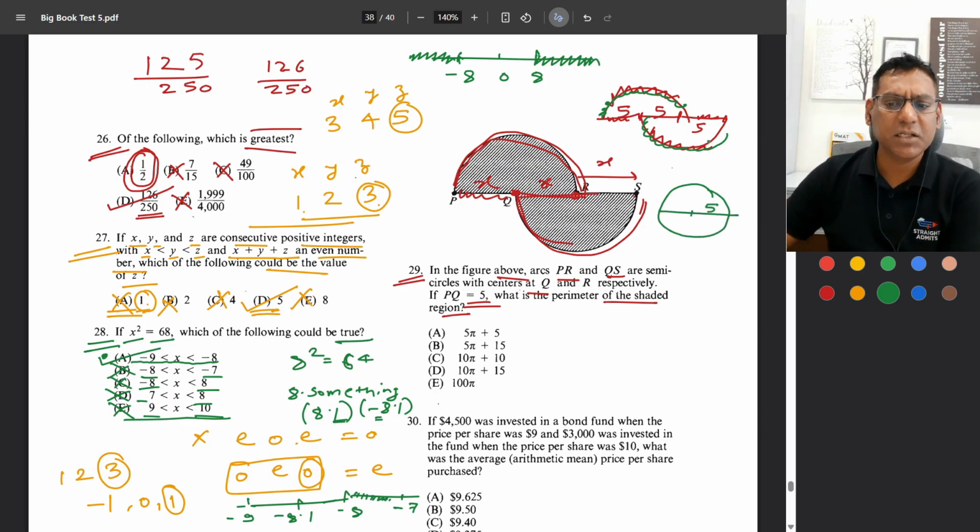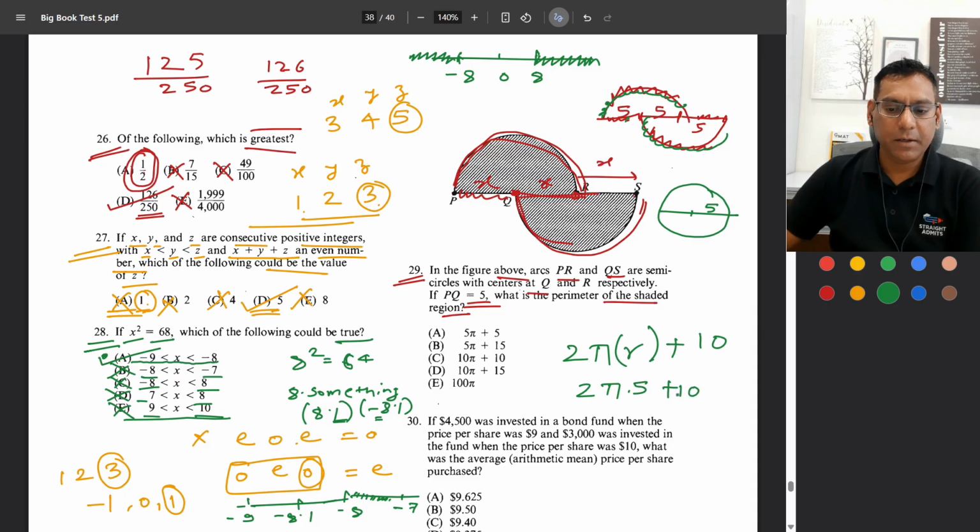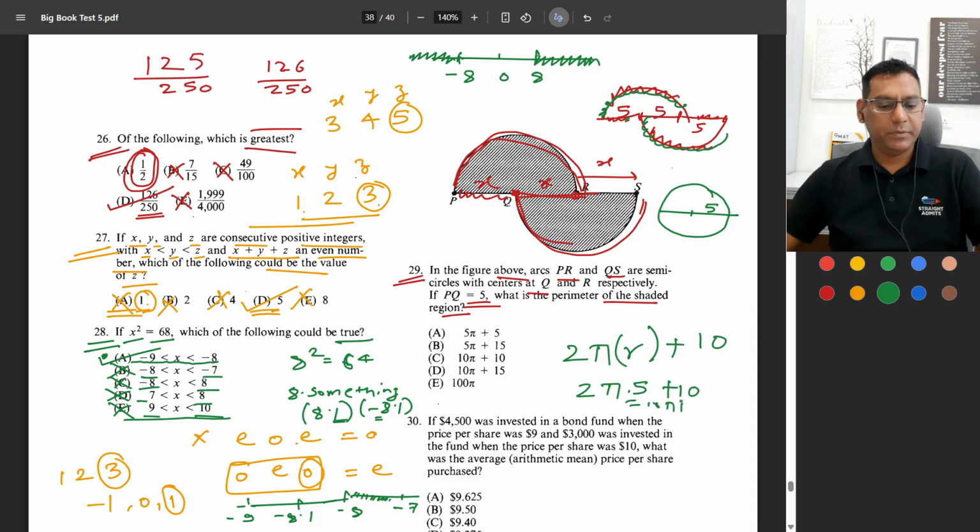Two semicircles is one circle. So basically I am saying 2 pi r plus this 5 plus 5, and r is equal to 5. So basically 2 pi 5 plus 10, 10 pi plus 10. 10 pi plus 10 is answer choice C.